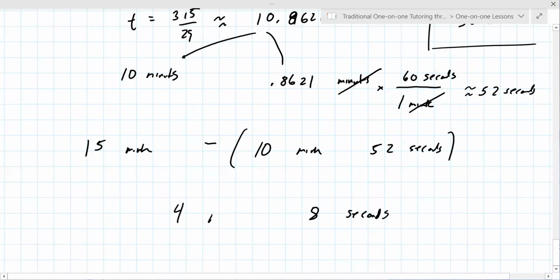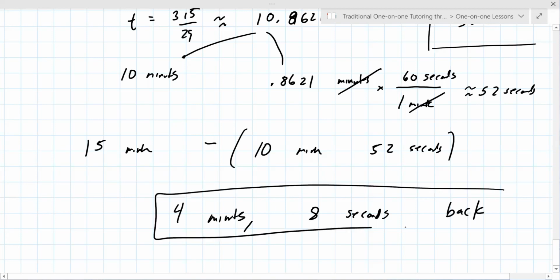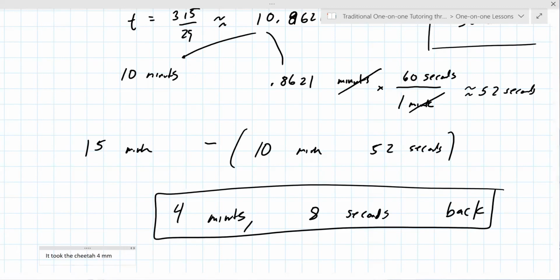And so that's 4 minutes and 8 seconds is the time back. So your complete sentence here is it took the cheetah 4 minutes and 8 seconds to return from the river.